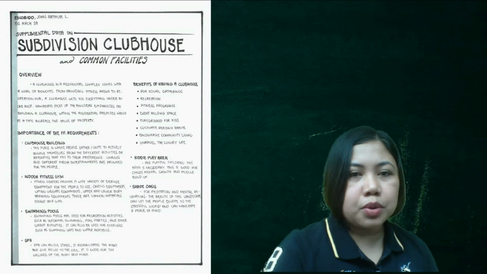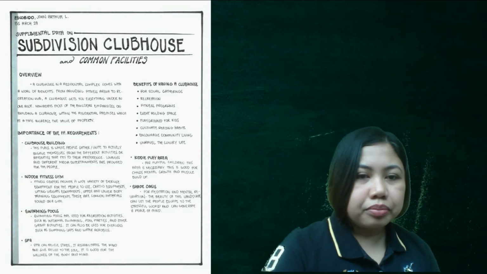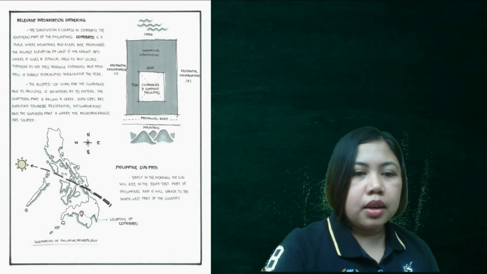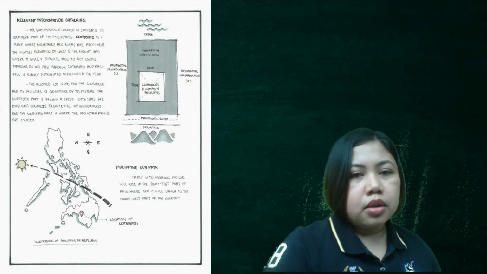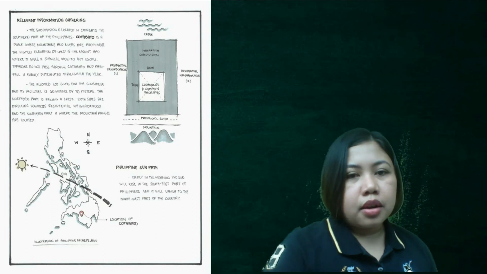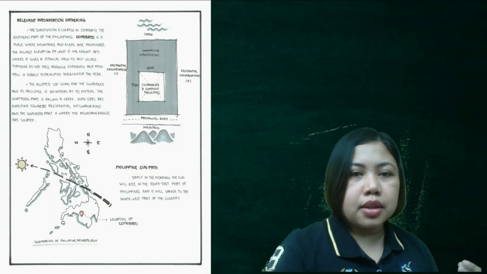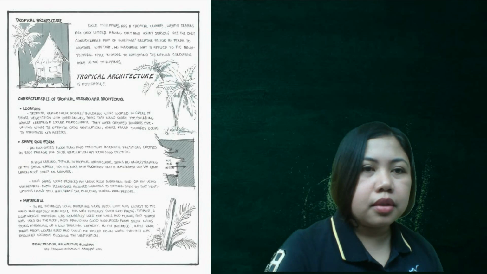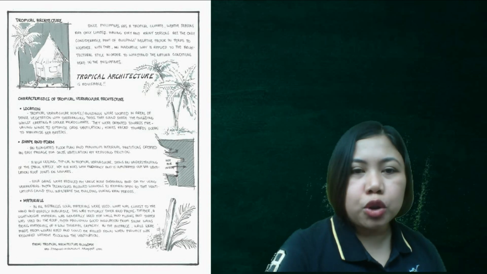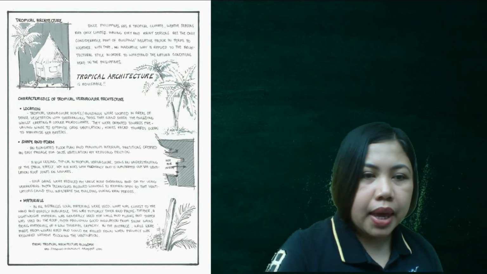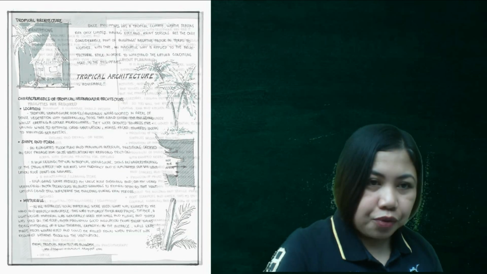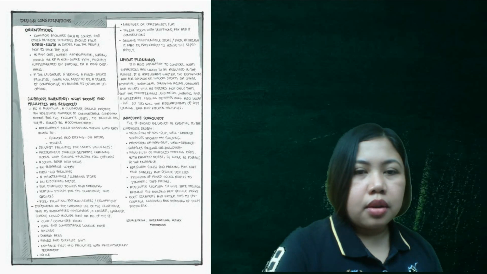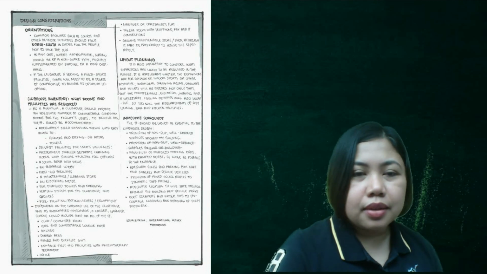Example, this work of this particular student is good because he researched about the place, he analyzed the existing features of the site, and he researched about the tropical architecture, its elements, the shades and forms, and also the orientation, the spaces.